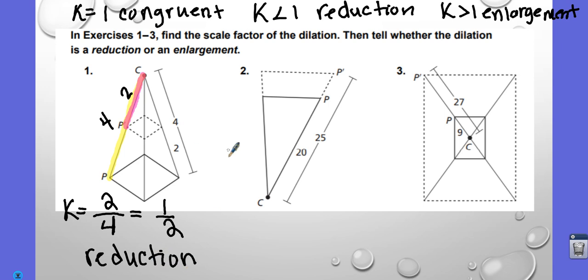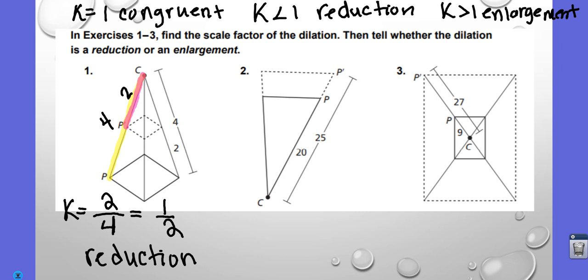And how do you know this is going to be a reduction? P is this long side right here. So we went from a long one to a short one. So we know that my k has to be less than 1. I went from a long line segment to a half of a line segment, so our k has to be less than 1. And in this case, the k is 1/2.